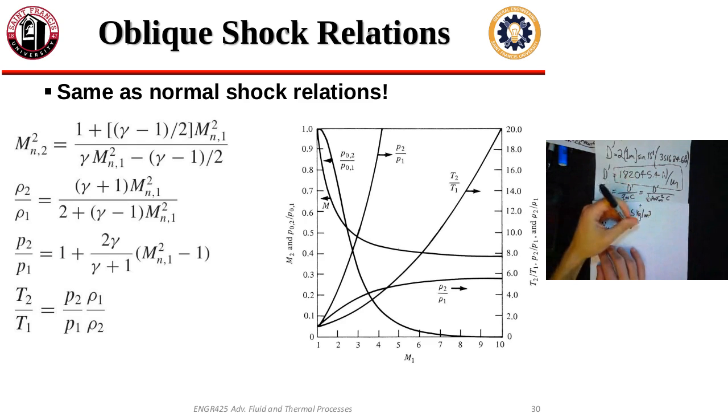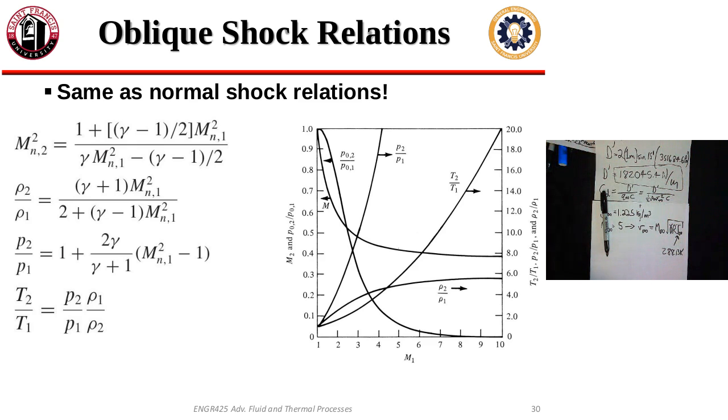How do I get a velocity out of that? Well, since it's sea level standard, the speed of sound is 343 meters per second. Or if I wanted to compute it, I could say square root of gamma R T. I know that T is 288.13 Kelvin.